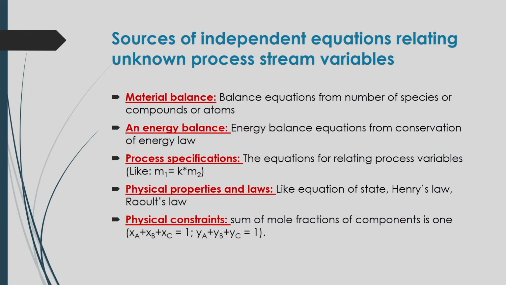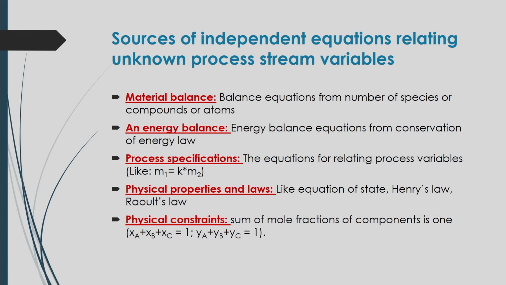So, for that you have to consider some other relationships of the variables. Those relationships may be equilibrium conditions, maybe pressure-composition relationships, or sometimes the fractions of all compositions will sum to unity; those relations are to be considered.